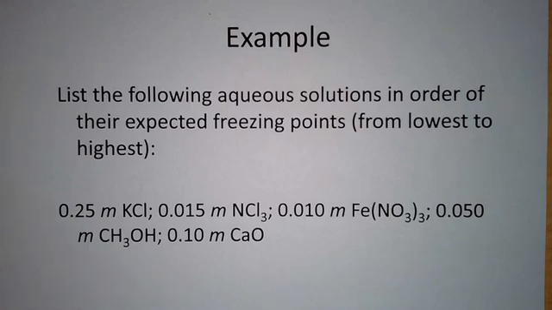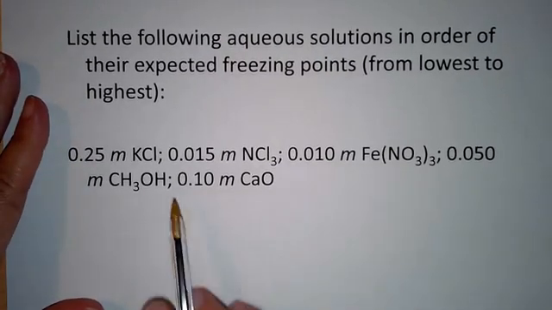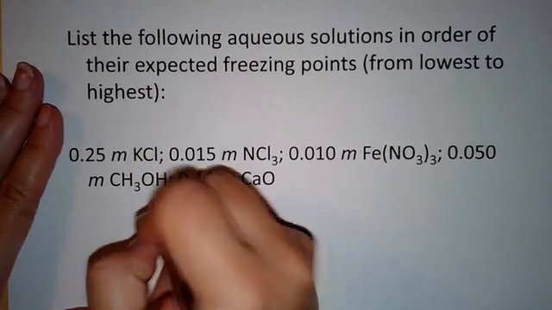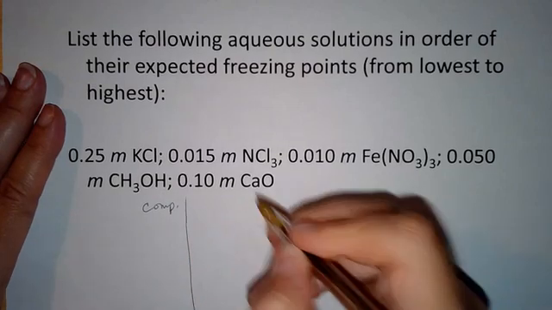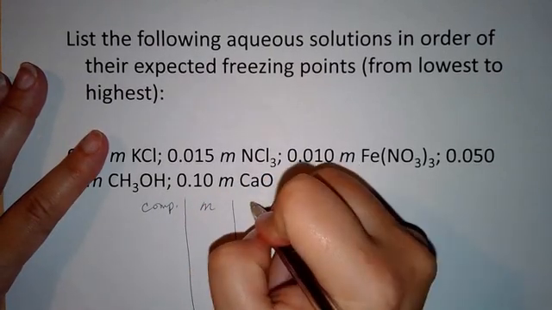So I'm going to make a table that allows us to look at each of these values. And we're going to multiply the molality times the I value to come up with what I call a factor. And the factor determines how big an effect we're going to see.